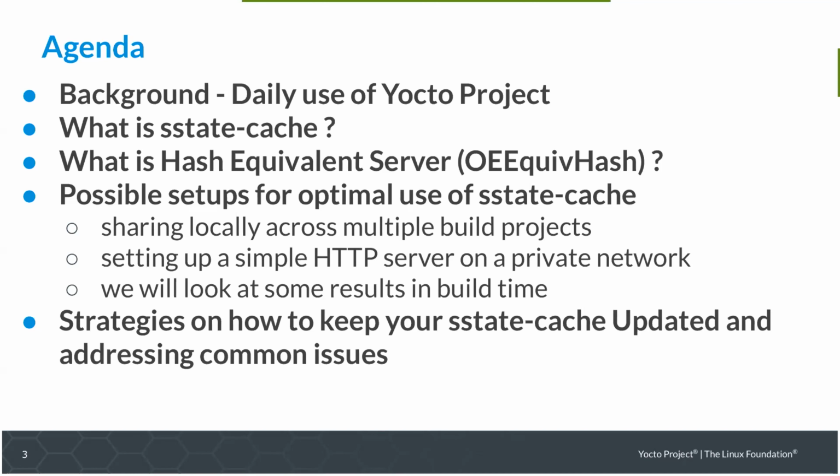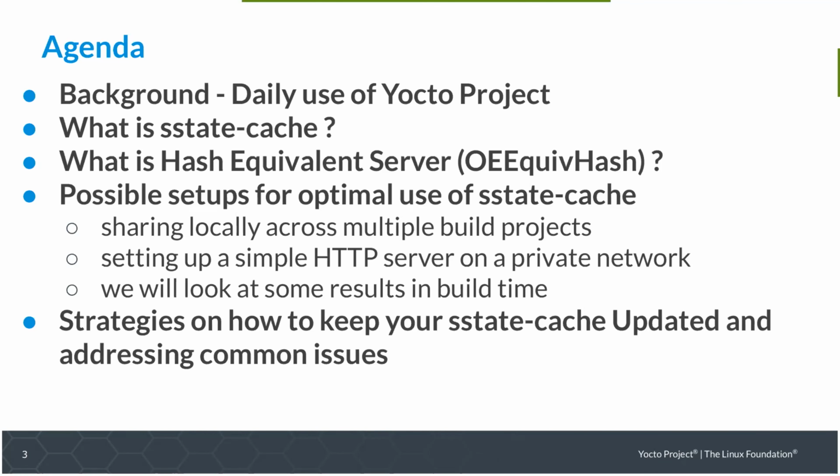And then we're gonna show two possible setups, one locally, on the machine where you are building your projects, and another example where we share our cache through an HTTP server on a private network. And we're gonna see some results and how much we can reduce our build time doing this.